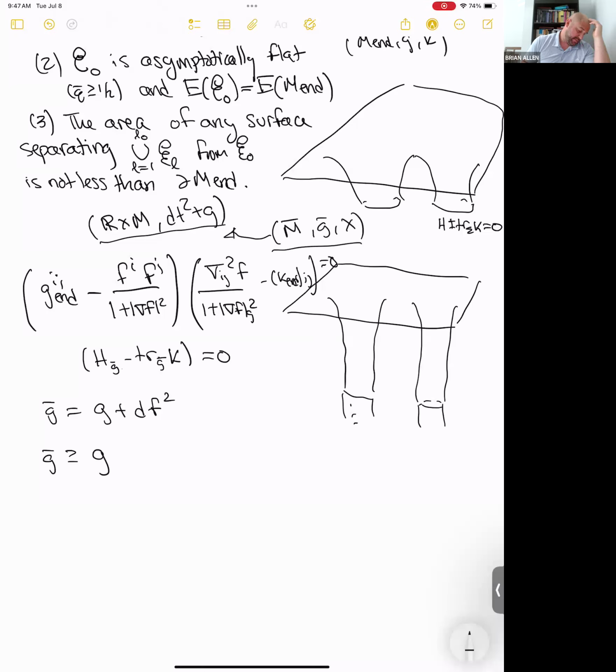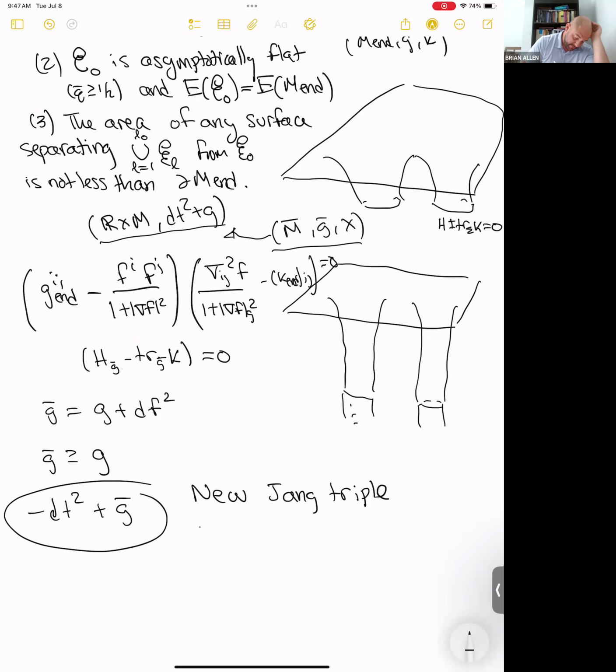Now you can embed this inside of a static spacetime. So then oftentimes we look at this spacetime, and the point is that the new Jang triple satisfies, it's time symmetric inside of this spacetime.